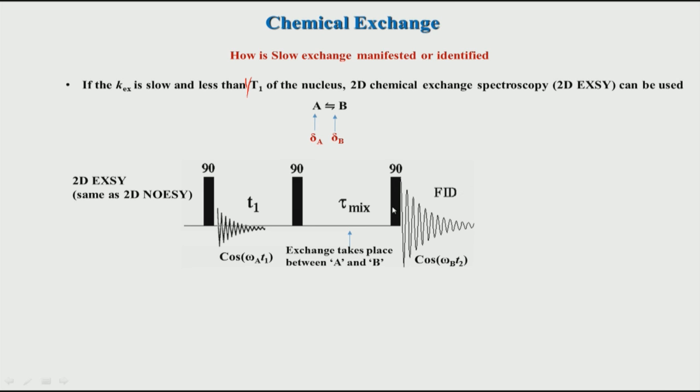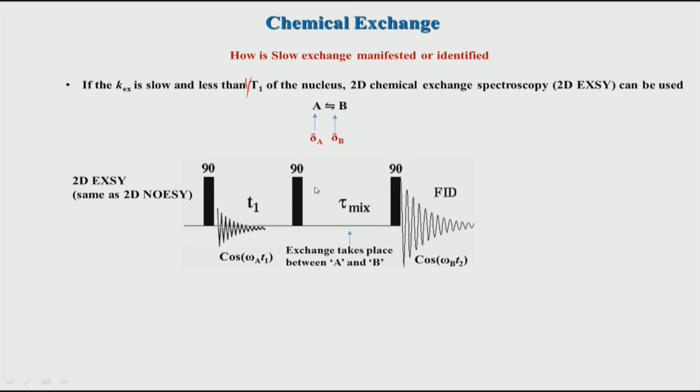During the mixing time, state A will exchange to state B, because this is an equilibrium process. Some of them get converted to B, again come back to A, and so on. This is not a one-way reaction process; it is two-way.